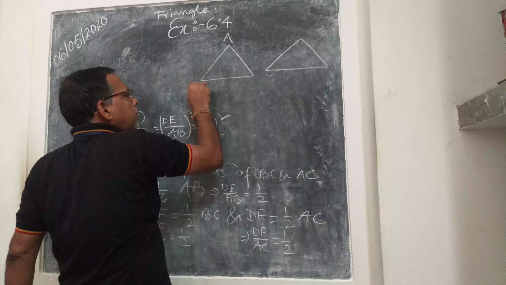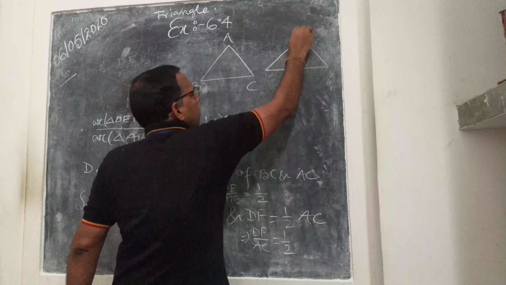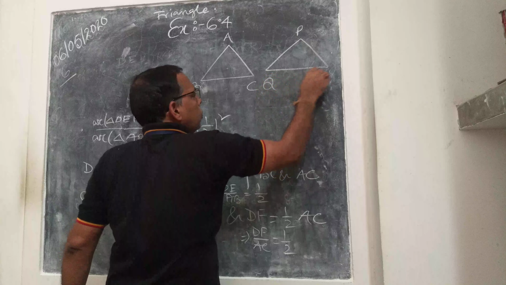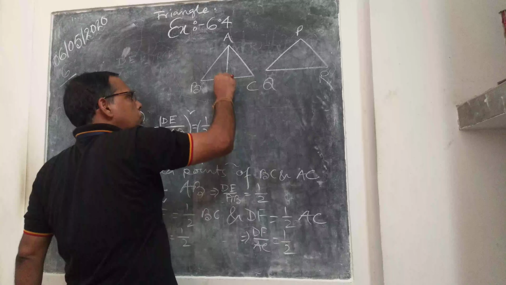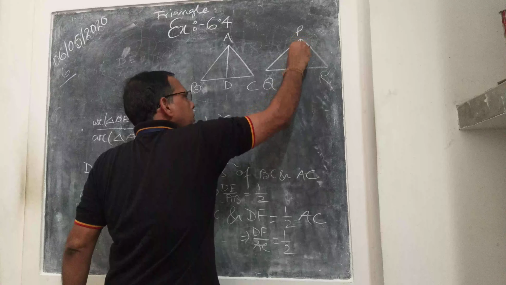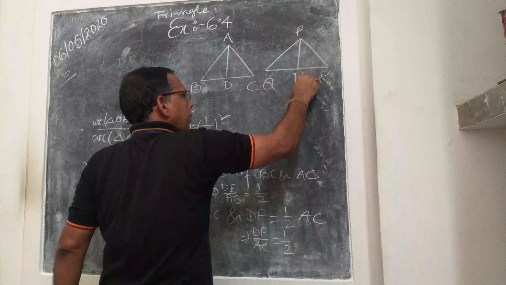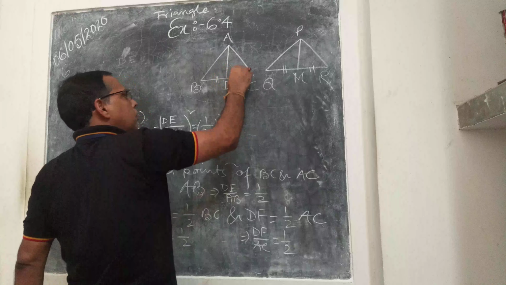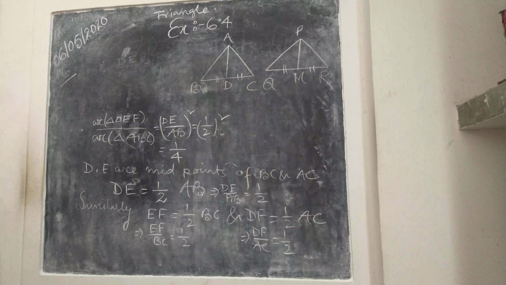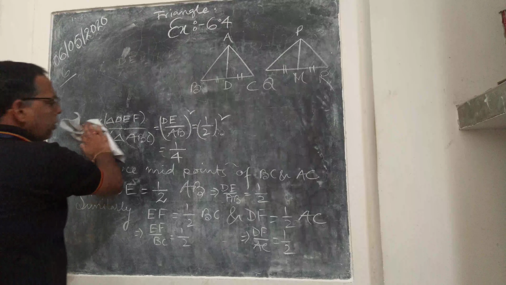A, B, C, P, Q, R. This is D. This is M. This one equal to this one equal to this one. I think you have written that last part, so now I'll drop this part.